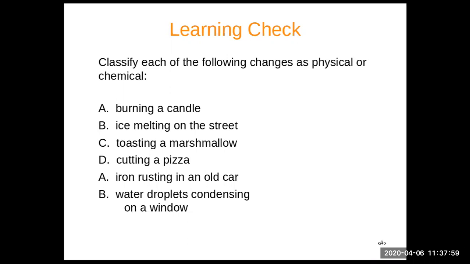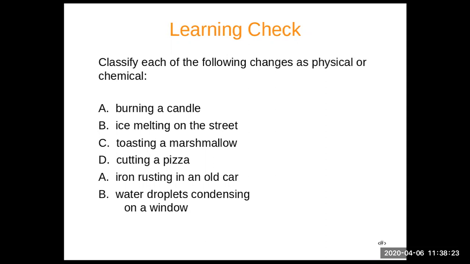And in the case of the marshmallow, the black that is left afterwards is the carbon, and there's a lot of gases that have escaped into the air that you don't see maybe, but they have gone, and so your marshmallow has become something else. So that's a chemical change.